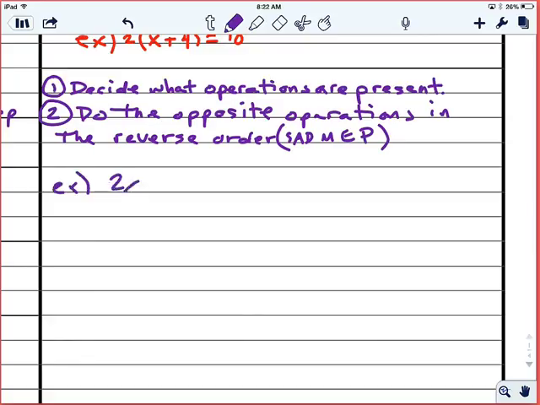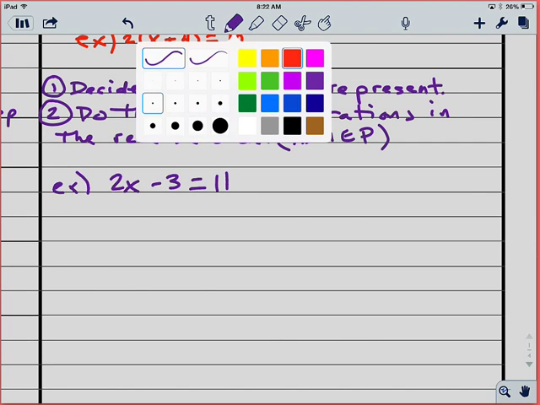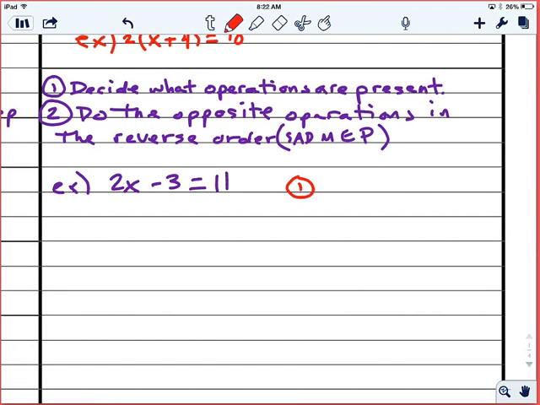What if I had 2x minus 3 equals 11? My first step here is going to be to notice the times 2 and the subtract 3. There's two operations. I see a multiplication by 2 right here, and I see a minus 3 right there.